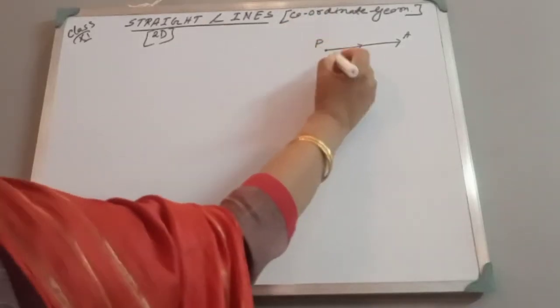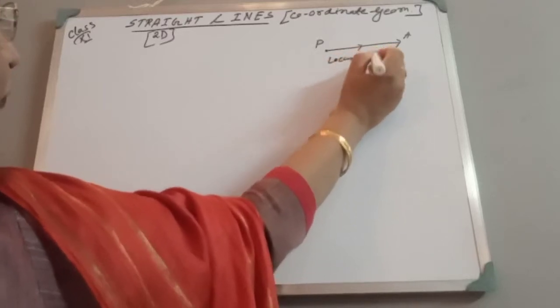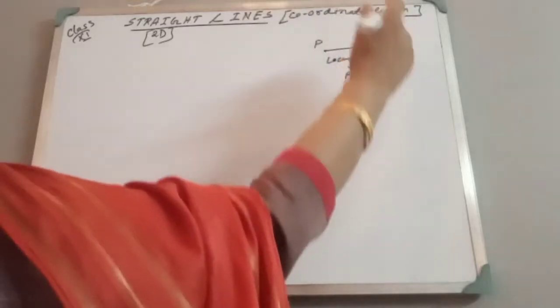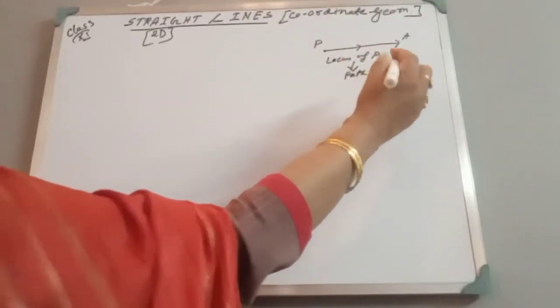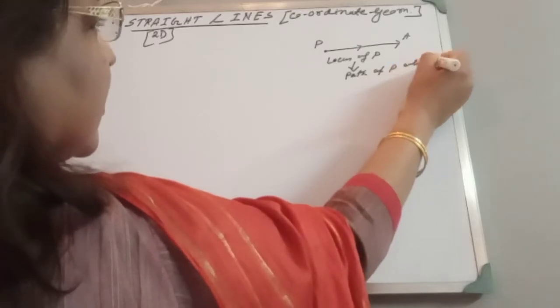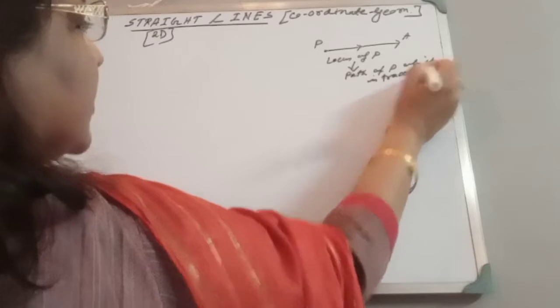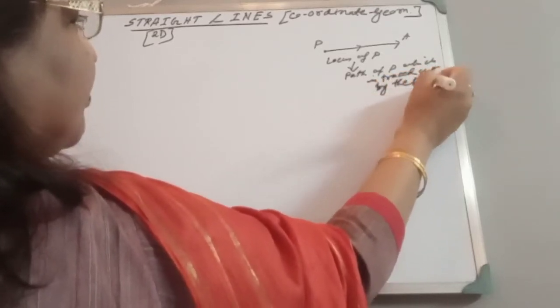Locus means what? It's the locus of P. Locus of P means the path of P, the path traced out by the point P.